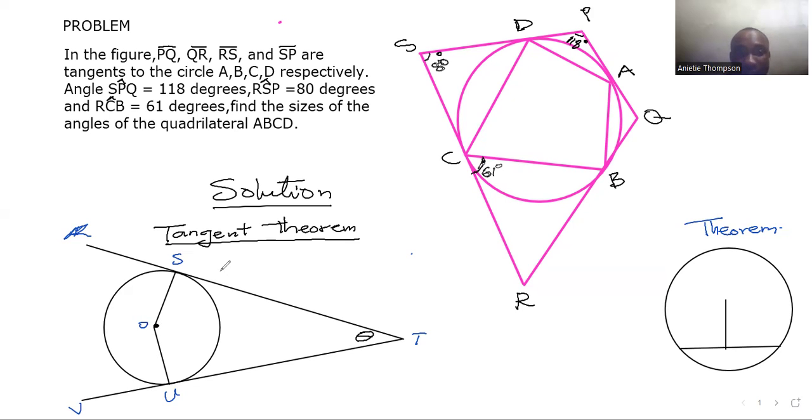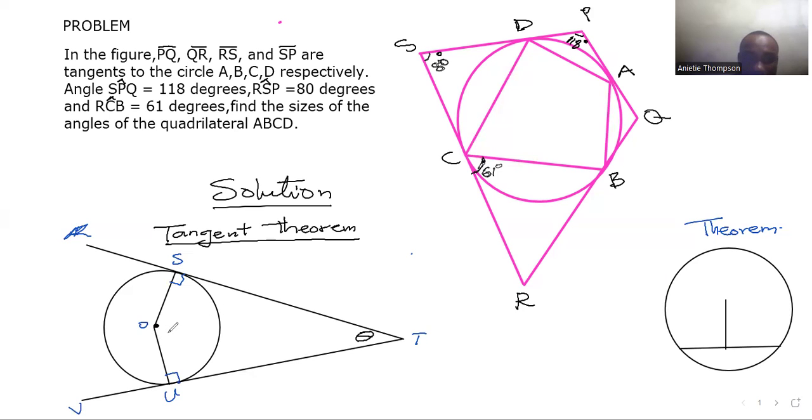So the theorem here, without wasting much time, says that the line from the center of the circle, that is the radius, is perpendicular to the tangent at this point. That means it's making an angle of 90 degrees with the tangent. Similarly, it's making an angle of 90 degrees with the tangent here.